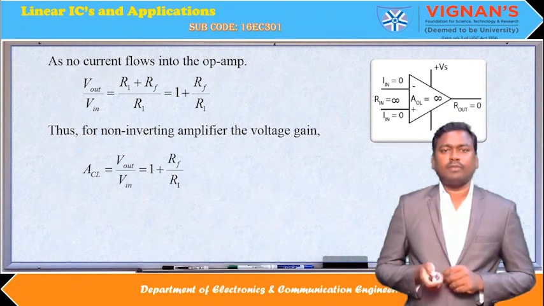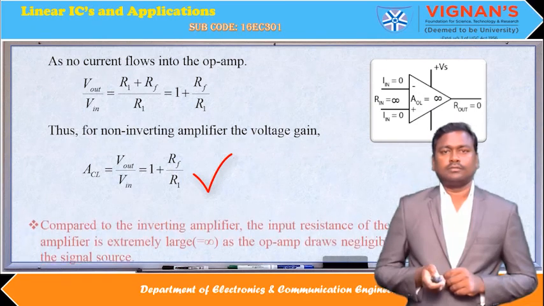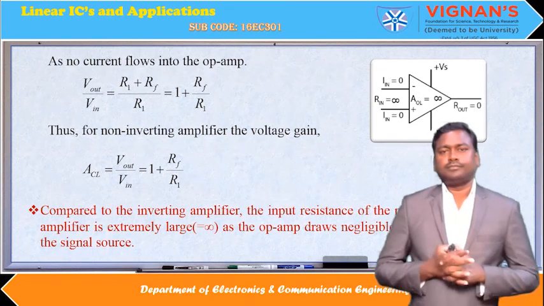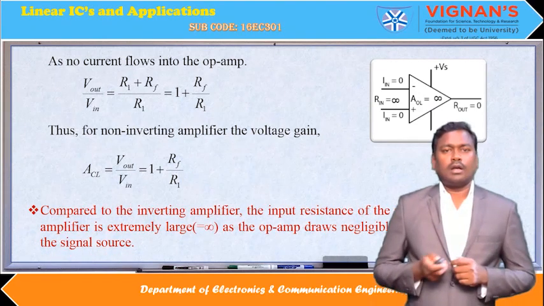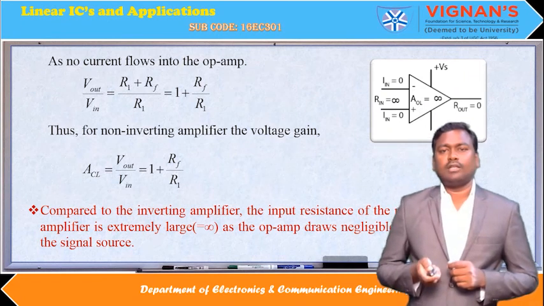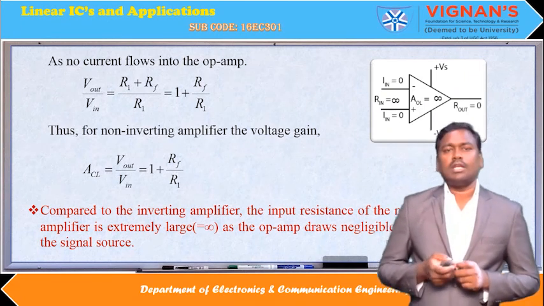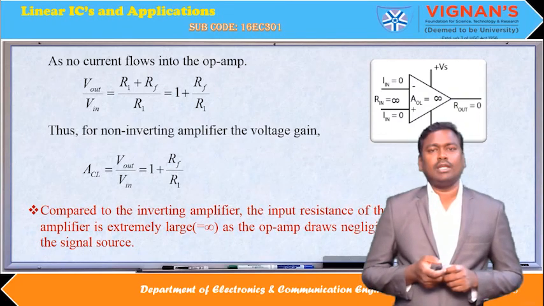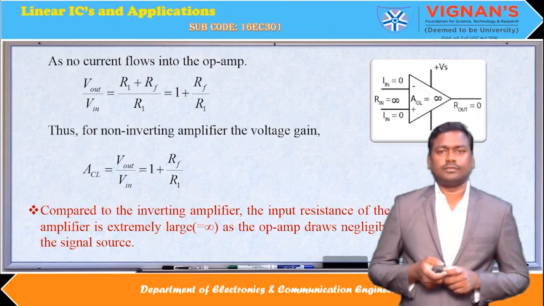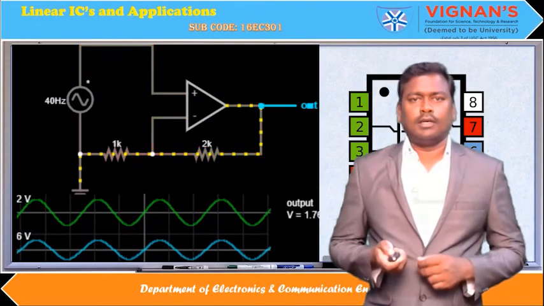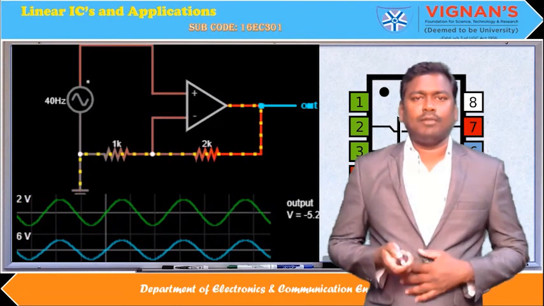So the non-inverting amplifier gain equation is 1 plus Rf by R1. Compared to the inverting amplifier, the input resistance of the non-inverting amplifier is extremely large.